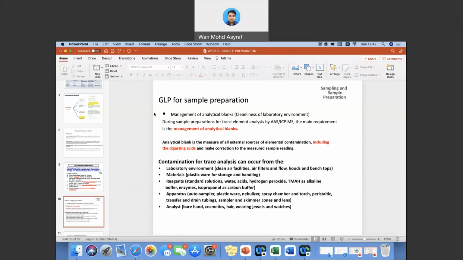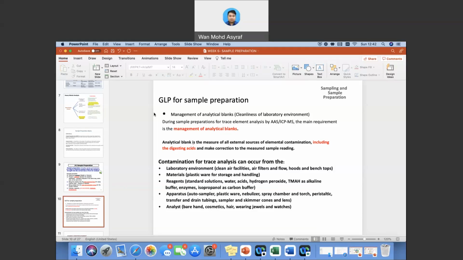For GLP, you need to make sure that we have clean air facilities, air filters, and that you do your work inside the fume hoods. In terms of materials, we have plasticware for storage and handling. Some plastics might seep back into your solution, so we introduce new interferences. Then reagents, apparatus.